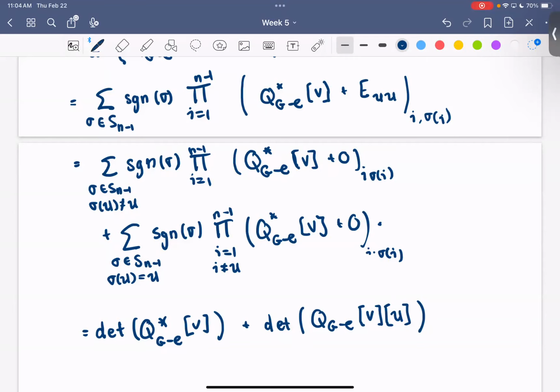So we'll have Q^T G minus E star of V, and we're looking at the UU entry of this, plus 1.